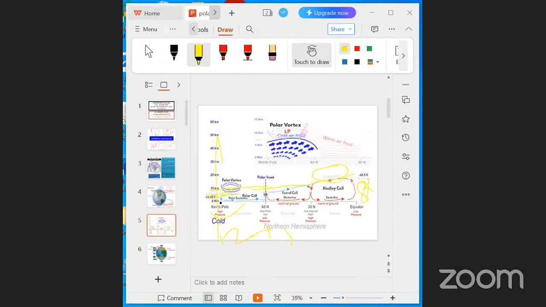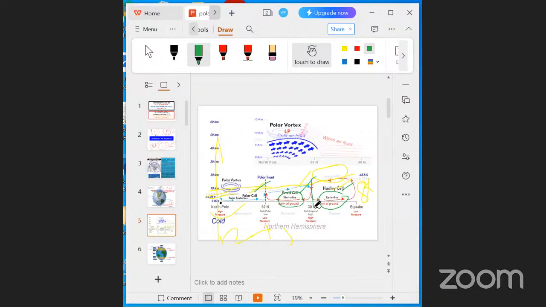Now, what happens? The air from this Ferrel cell, polar cell and Hadley cell, right? Ferrel, polar, Hadley. So this is where the easterlies and westerlies meet at this junction.